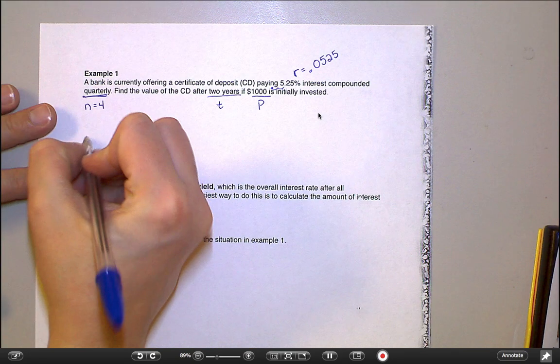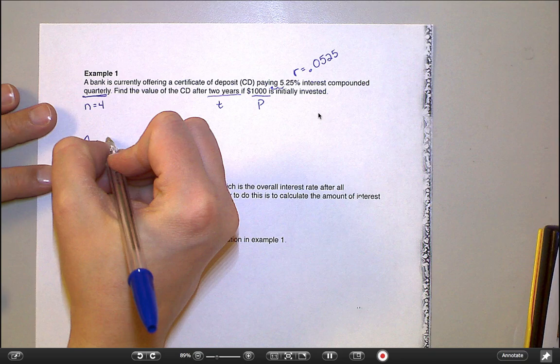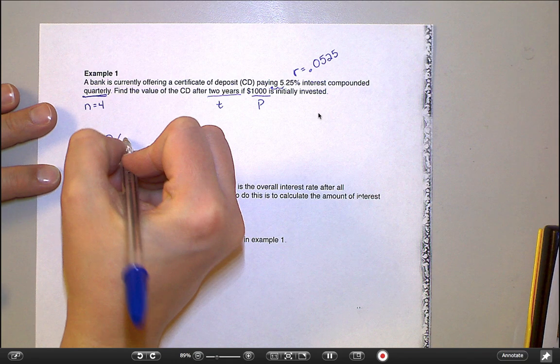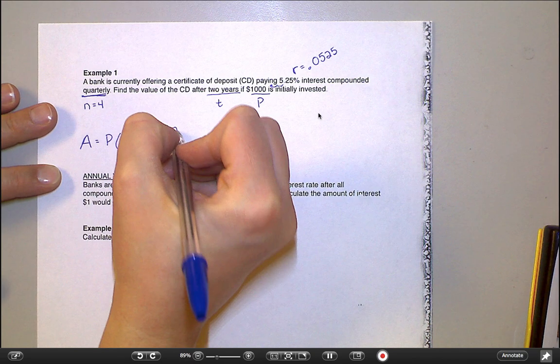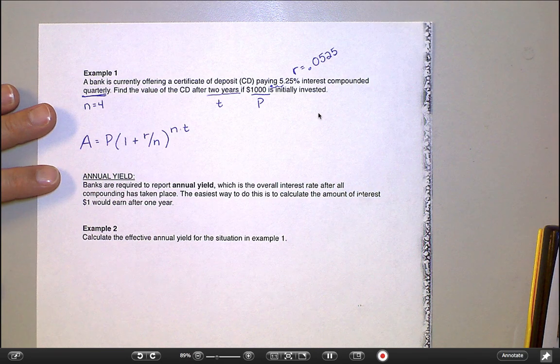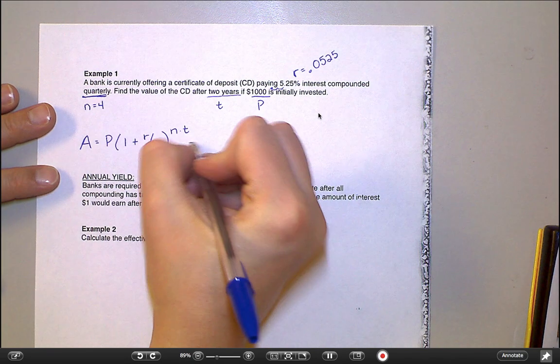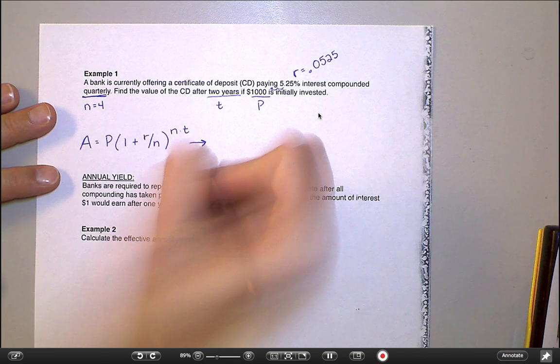I'm just going to jot down the formula real quick. You probably have it there handy, but A equals P times 1 plus R over N, to the power of N times T. You do need to know this formula, by the way. After you use it a few times, I don't think memorizing it will be a problem.